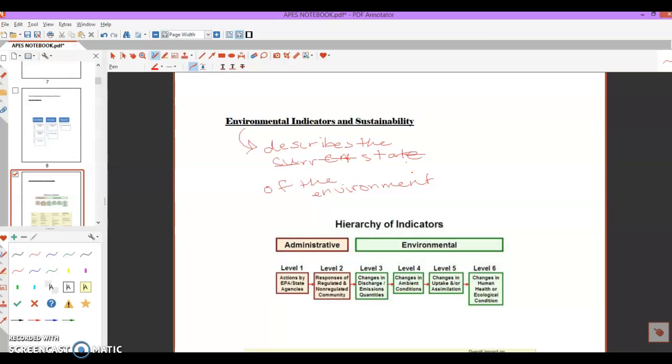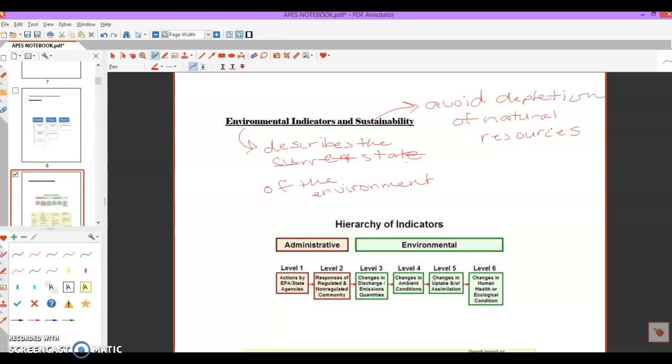So when we talk about sustainability, we are attempting to avoid depletion of natural resources. Now, natural resources are things that come naturally from the environment.